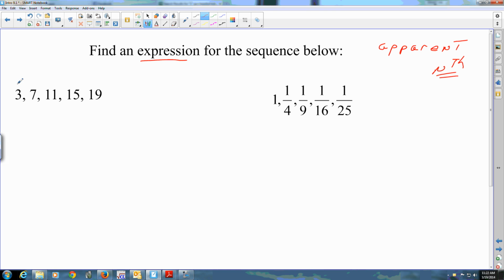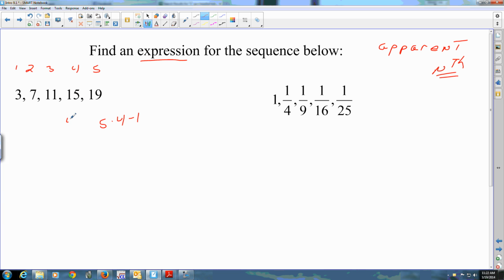Try and find, sometimes it's really helpful to me if you write the indice with it. So that's the first term, second term, third term, fourth term, fifth term. Sometimes it's really helpful if you're looking at the number that you're filling in to get these. Okay? Now when I see those, I'm seeing 5 times 4 minus 1.